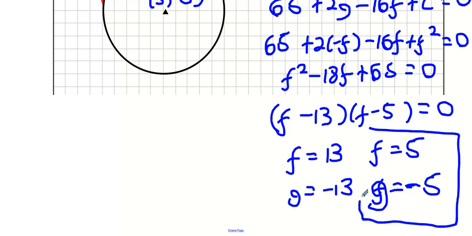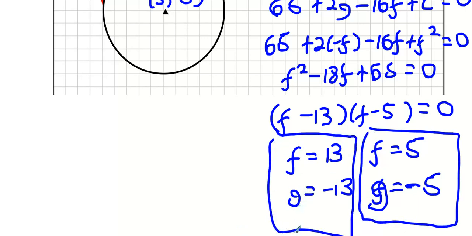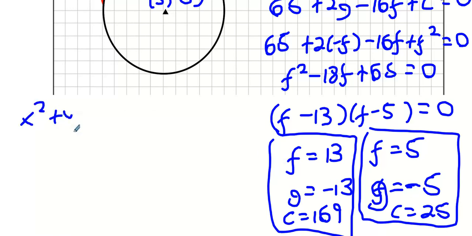So here are my two sets. Now please remember c equals f squared or g squared, so c is going to equal 169 because that's 13 squared, and c is going to equal 25 here. Now all of a sudden it's just a matter of filling out my formula.